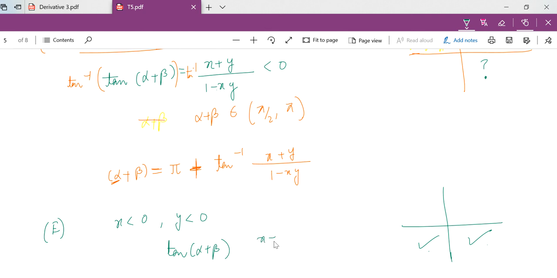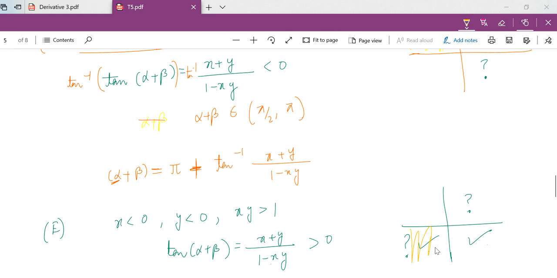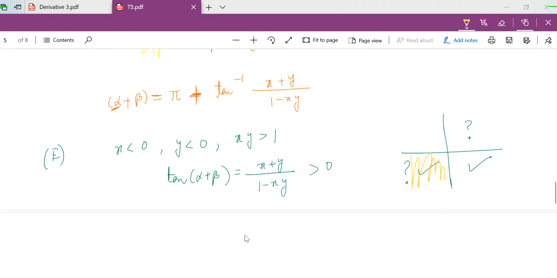Because the top is negative, and also you have xy greater than 1, 1 minus xy is also negative, right? Yeah, correct, this is negative, so overall it is positive. Positive means either you are here or you are here, and that means to say you are actually in the third quadrant. That means your alpha plus beta belongs to negative pi to negative pi over 2.